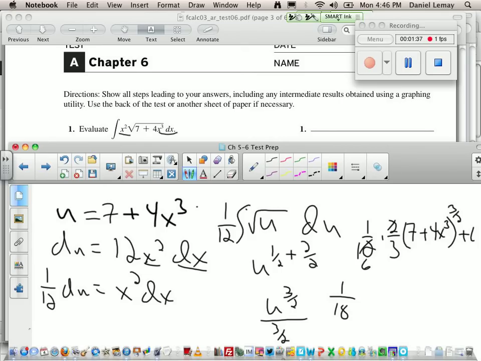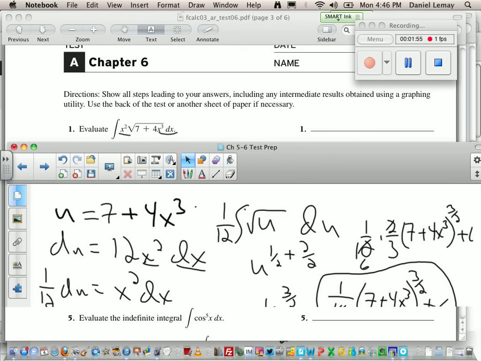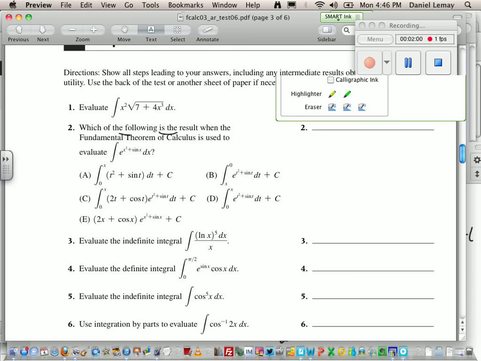This cleans up to be 1/18 times 7 plus 4x cubed, all raised to the 3/2, plus c. If you're watching this, you'll notice that's different than what I had on the printed answer sheet that I provided you. Okay, so let's look at problem number 2.